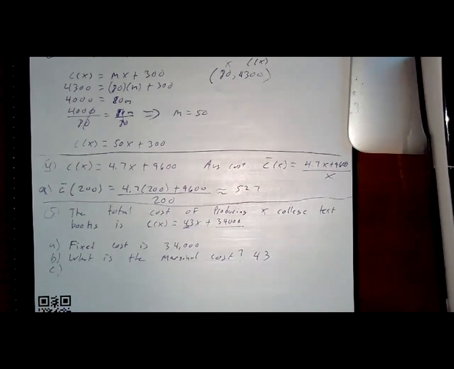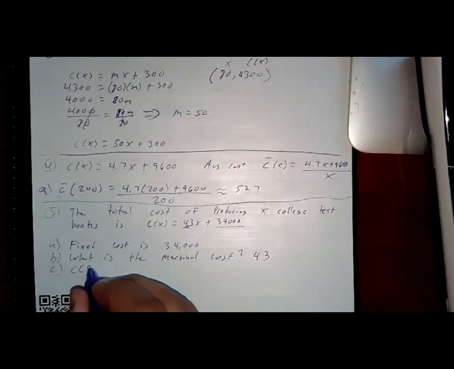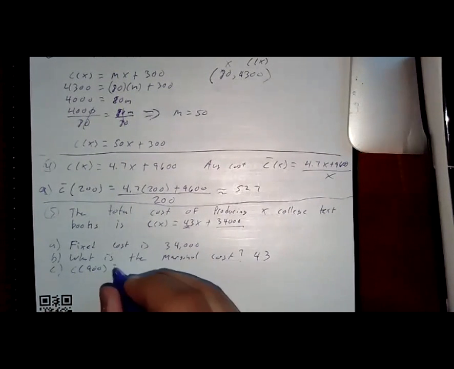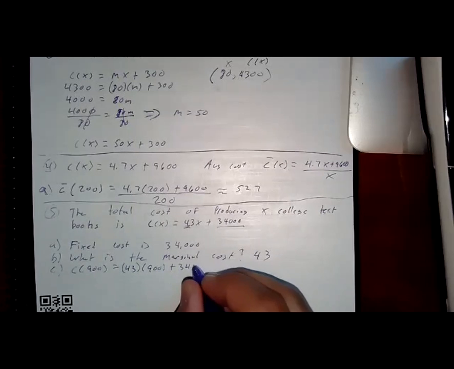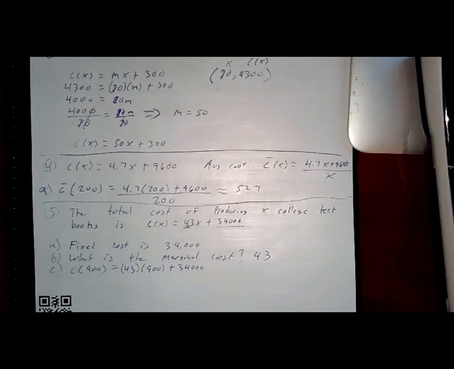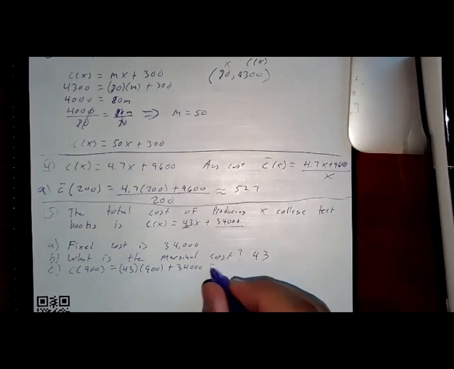Part C, it says, what is the cost of producing 900 books? So for this question, you just plug in 900. So they're asking for C of 900. So that'll be 43 times 900 plus 34,000, which is some number.